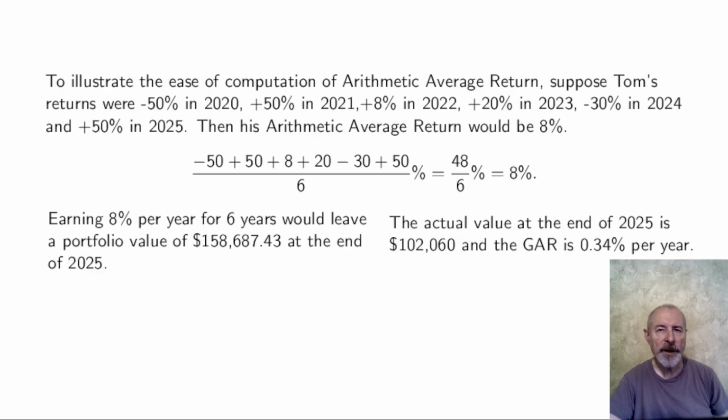Now, earning 8% a year for 6 years would leave a portfolio value of $158,687.43. But the actual value of investment with those annual returns would be $102,060, and the GAR would be 0.34% per year.